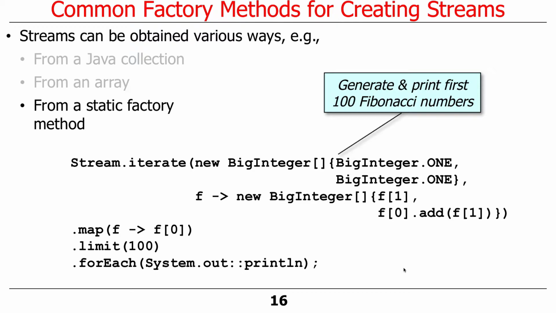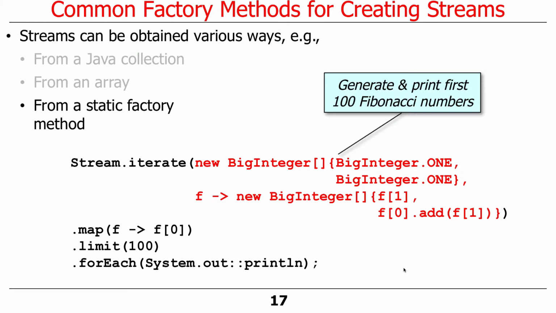So what we do here is we create an array of 2 items, both of which start with the much smaller value of 1. So that's the initial value. And then this is basically a generator that's going to be used to compute the next value in the iteration sequence. If you take a careful look at what's happening here, we take in f, which is an array, which starts with 2 items of value 1, and we make a new BigInteger.